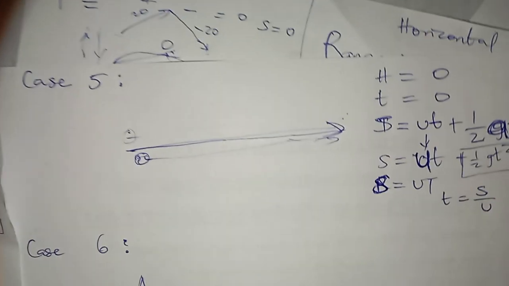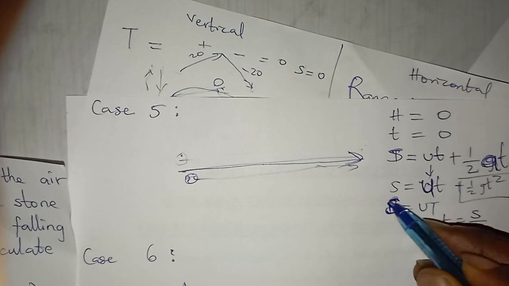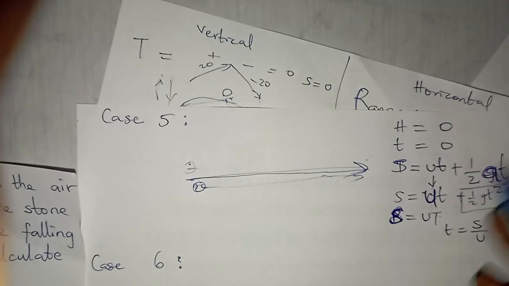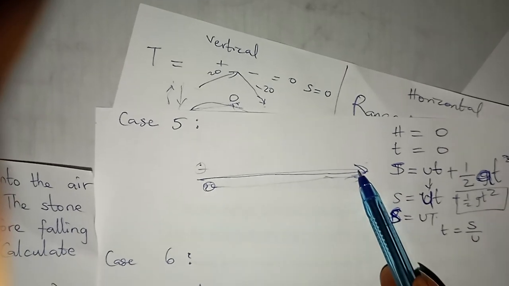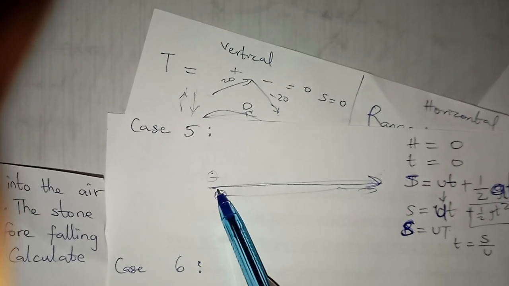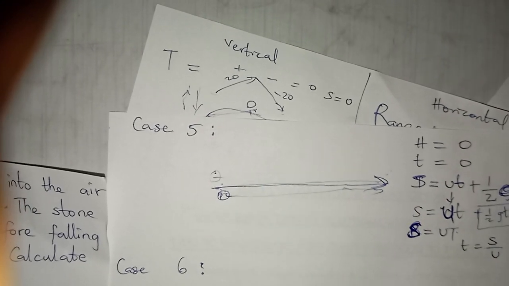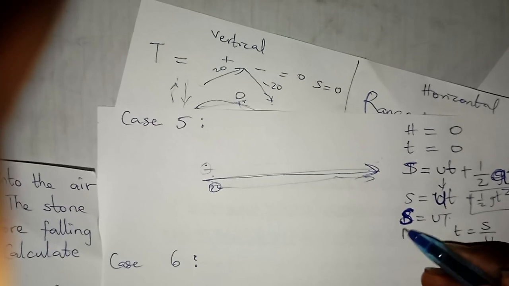Are you getting it? So that is what I will use to get my t. If they ask me to find the total distance or the range, I'll simply use ut, which is the same thing as saying from this end to this end. That is the time taken to move from here to here times the initial velocity given. So that will be my displacement, which is also called R.